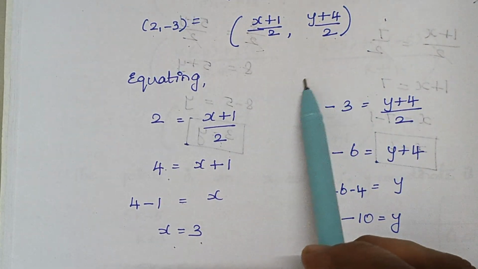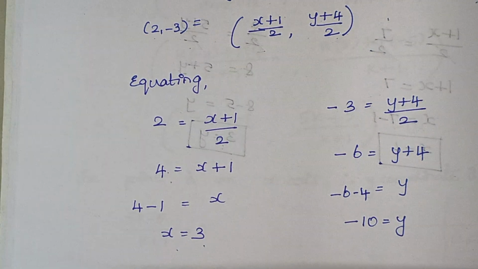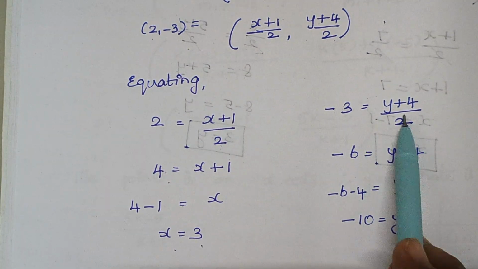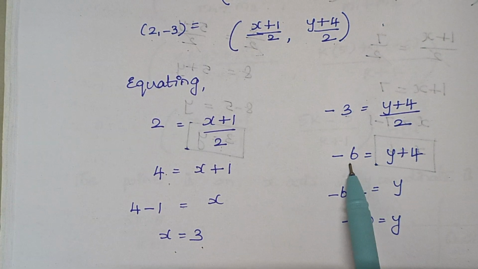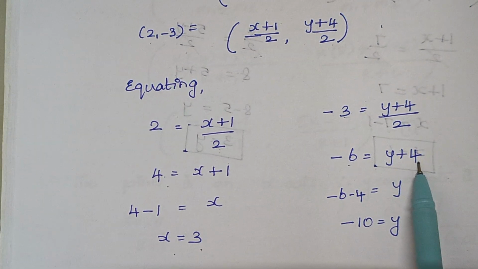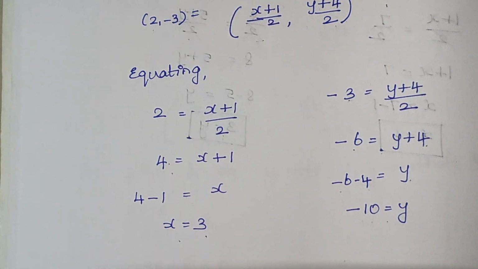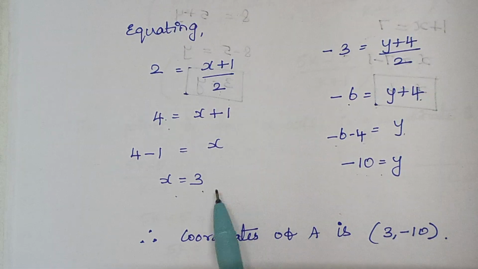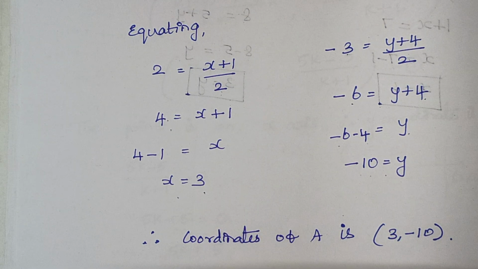Now equating the second term, minus 3 is equal to y plus 4 by 2. When I move this 2 over here, it becomes minus 3 into 2, therefore minus 6 is equal to y plus 4. Therefore y is equal to minus 6 minus 4 which is minus 10. So coordinates of A is nothing but x, y which is 3, minus 10.